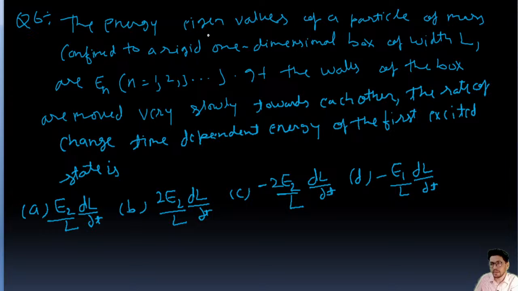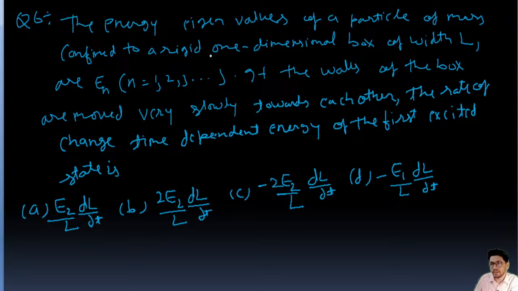So we have been given the energy eigenvalues of a particle of mass m confined in a rigid one-dimensional box of width L, and the energy eigenvalue is En.